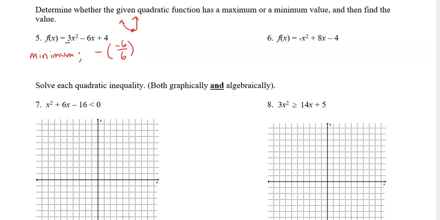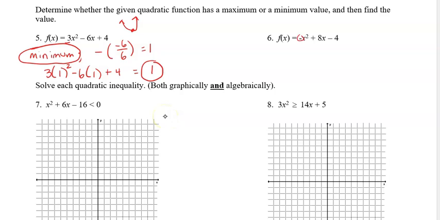So the opposite of negative 1 is positive 1. But now to get the value, you need to plug 1 in for x into the function. And what comes out will actually be the value of the minimum. So minimum will be answer part 1, and the value will be 3 minus 6, which is negative 3, plus 4, which is positive 1.